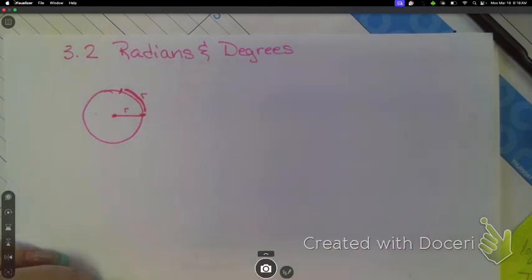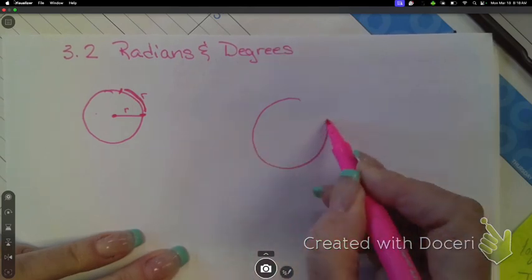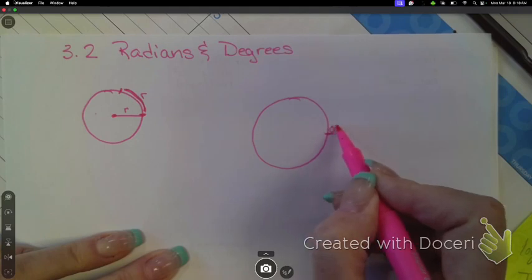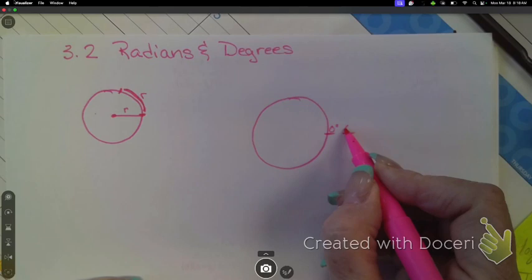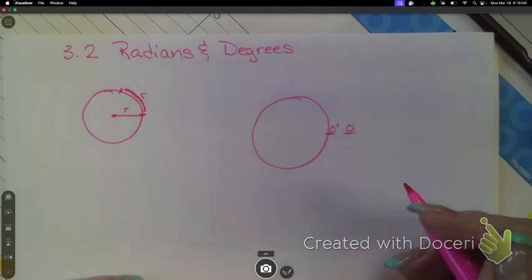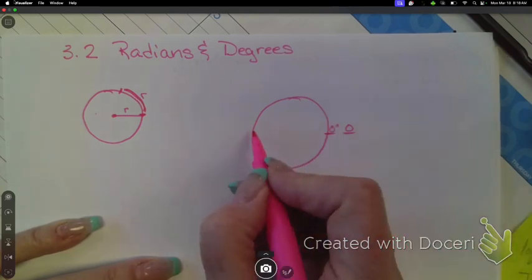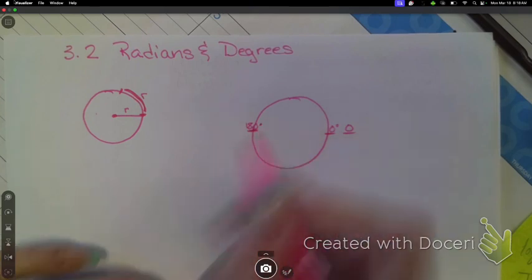Okay, so you guys have your circles, right? You had your circles, and you had an extra line on your circles, and it said 0 degrees. Guess what? That's how many radians? 0. Do you want to open to your circles? And this was 180 degrees.